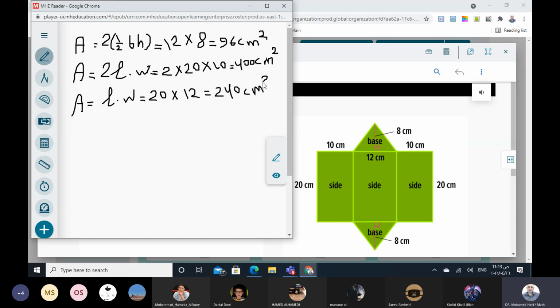Then to find the surface area, find the sum of all the areas here.